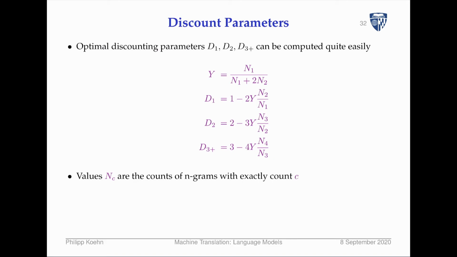It's the same kind of mathematical reasoning that is behind Good-Turing smoothing. Whoever's inclined, I'm encouraging you to look into that. It's in the textbook. It's all based on the same kind of raw statistics that Good-Turing smoothing operates on, like how many n-grams occur 1 time, how many n-grams occur twice, and so on. And then it computes discount values based on that.